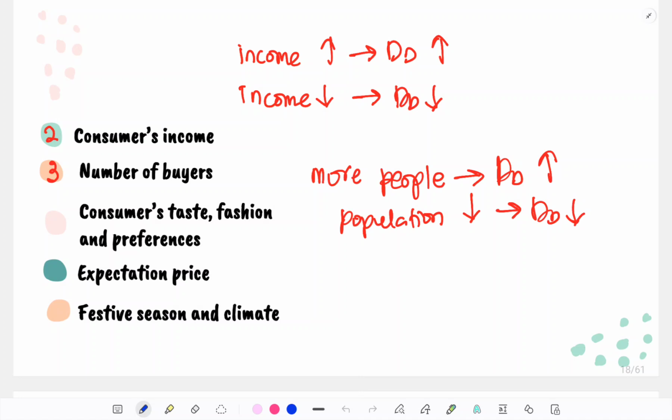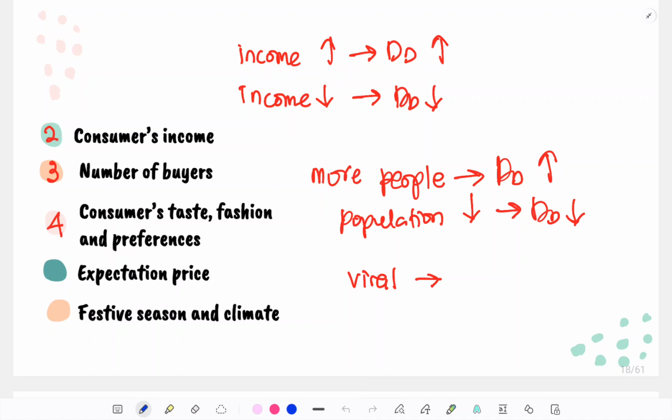The fourth factor that influences demand is consumer taste, fashion and preferences. If something becomes more popular, logically the demand for it will go up. For example, if a TikTok trend for certain snacks goes viral, suddenly everyone wants to try it, isn't it?